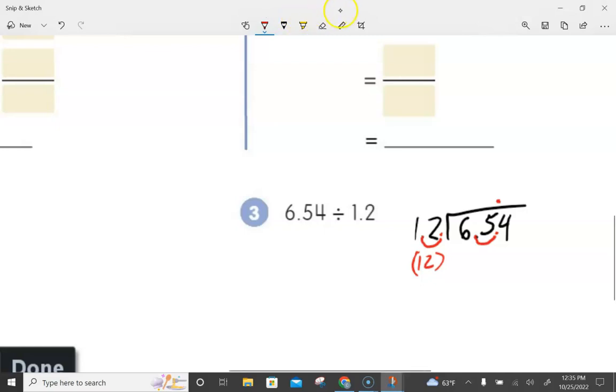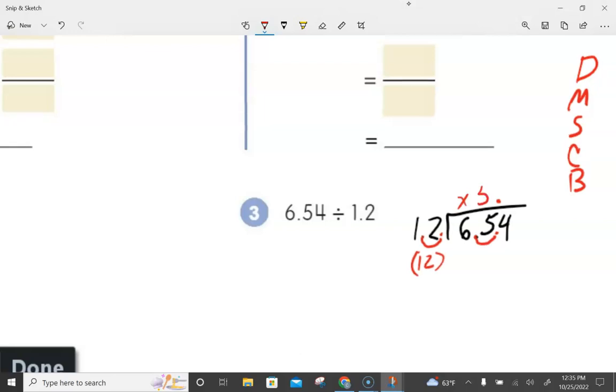Now the steps for long division: divide, multiply, subtract, check, bring down. Okay, so does McDonald's sell cheeseburgers as a way to remember that? So the first thing I'm going to do is take my 12, figure out how many times 12 goes into 6. It cannot go into 6. How many times does 12 go into 65?